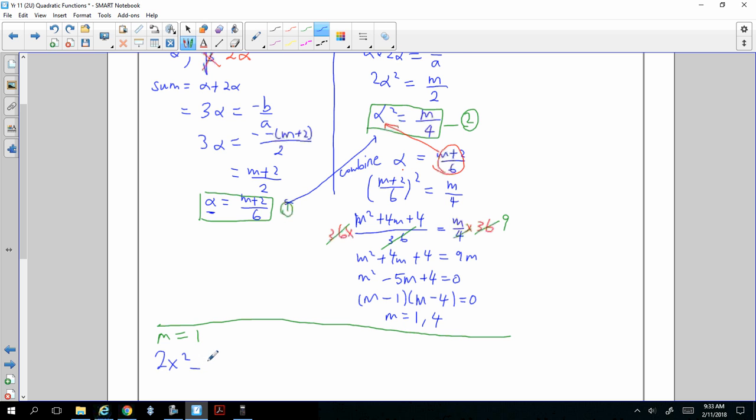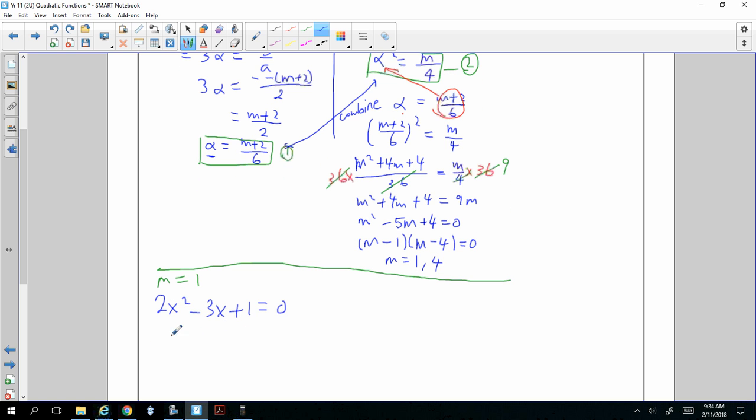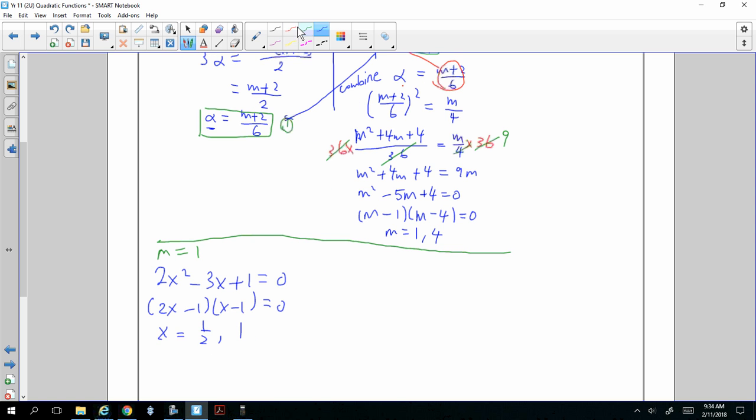See the roots are double the other. Can you see the 1 is double the 2? That's alpha, that's 2 alpha, right? Yes? Or if you do m equal to 4, you get 2x squared minus 4 plus 2 is 6x, plus 4, right? And what do you get? X squared minus 3x plus 2.